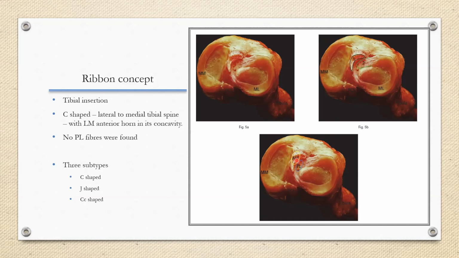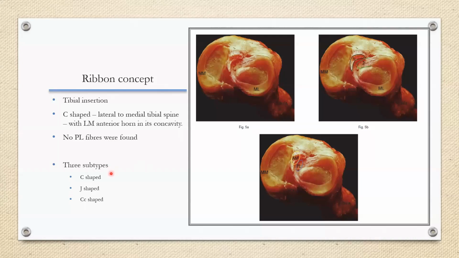And this is a model depicting the supposed anteromedial and posterolateral centers. As seen in this cadaveric model, there are only attachments corresponding to the anteromedial bundle, and the posterolateral bundle area corresponds to just the attachment of the anterior horn of the lateral meniscus, just medial to the anterior horn of the lateral meniscus, and there are no ACL fibers.